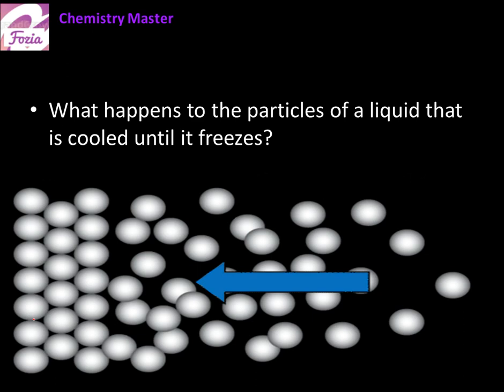When we cool a liquid, the energy comes out. When the temperature of the liquid drops down, the particles start settling and arranging themselves, and the kinetic energy of the particles drops down, and this results in their ordered arrangement. So we see the liquid is freezing.